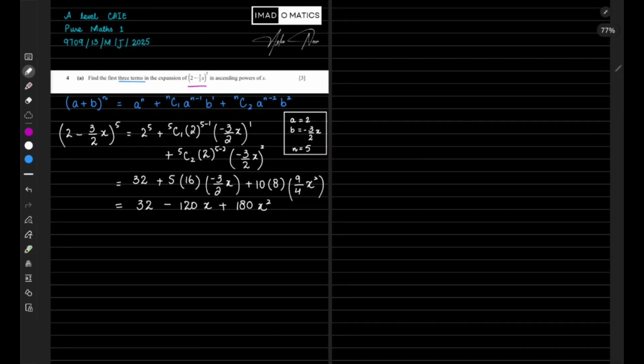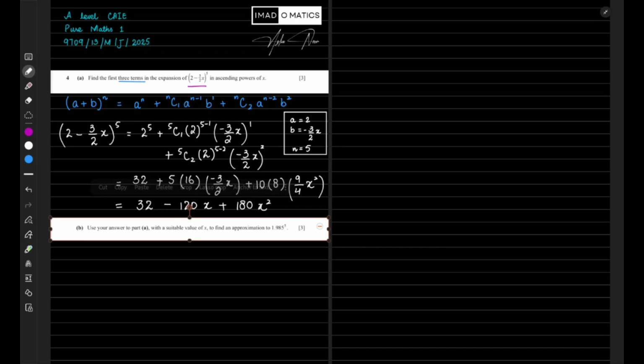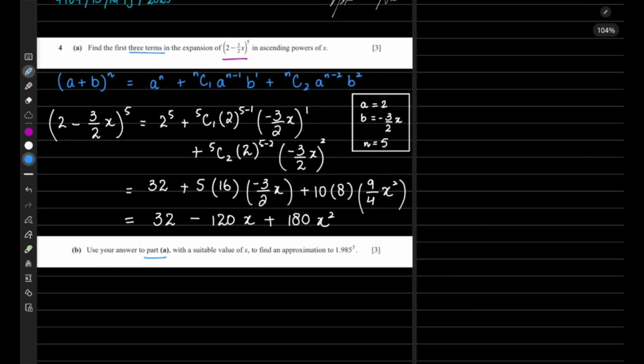Now we have to do part B of this question, and part B says use your answer to part A with a suitable value of x to find an approximation to 1.985 to the power 5. So firstly, we need to find a suitable value of x.